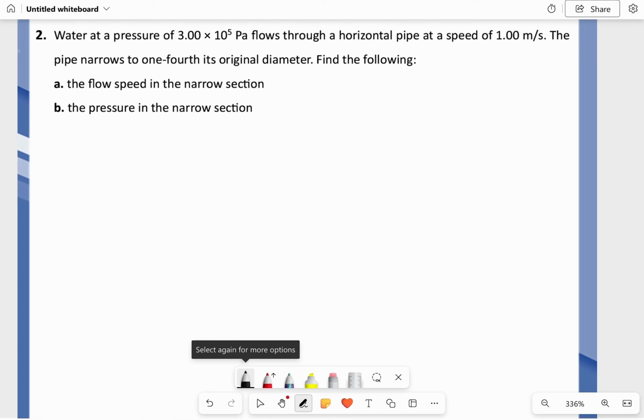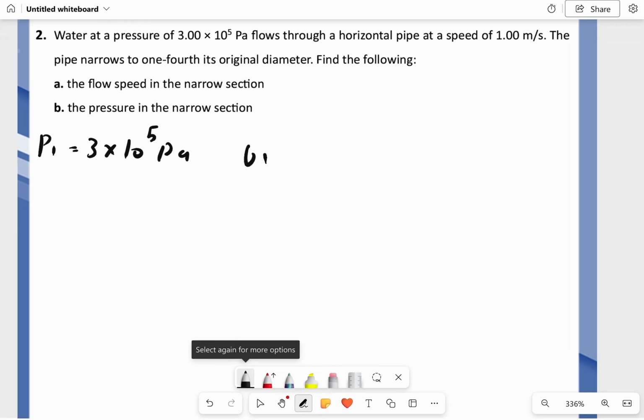Water at a pressure of 3 times 10 to the power of 5. Let's write the givens first. P1 is equal to 3 times 10 to the power of 5 Pascal. It flows through a horizontal pipe at a speed of 1 meter per second.